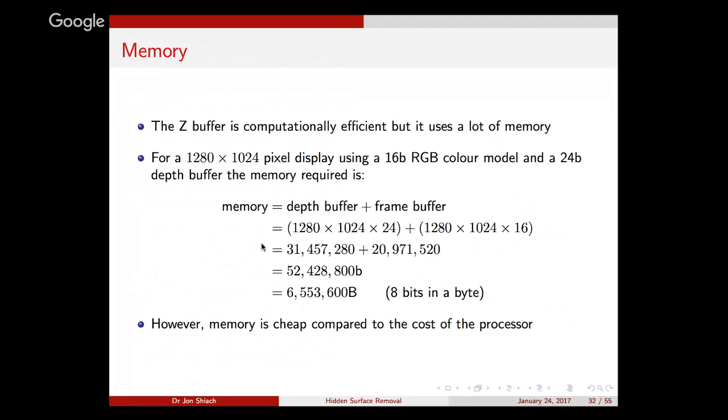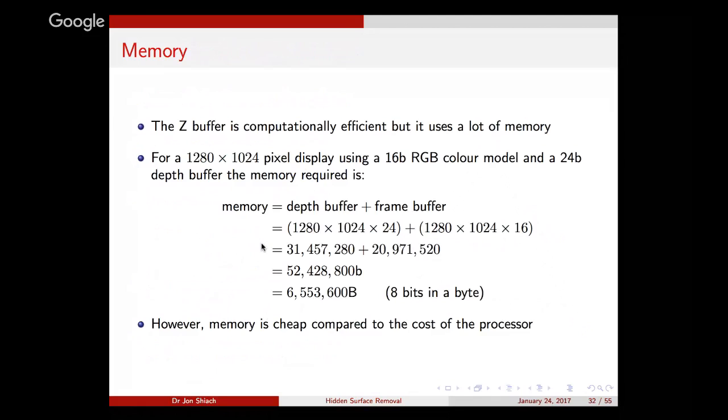Say you had 16-bit RGB color, where RGB means red, green, blue. You mix red, green, blue together to give all your visible colors. And a 24-bit depth buffer. So that's how accurate you can get your depth buffer to be.